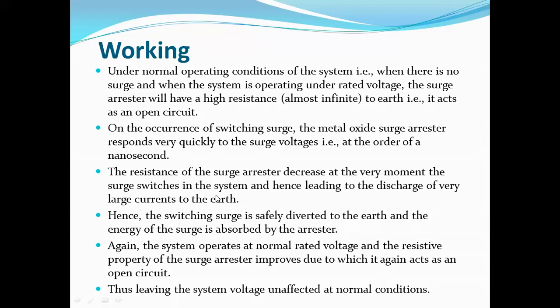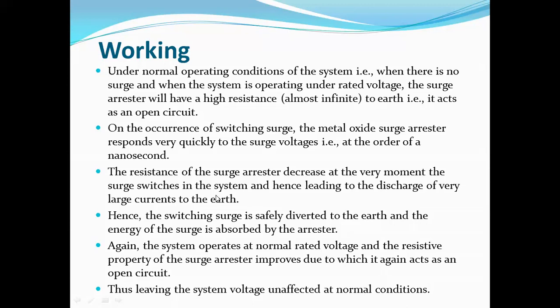After that your circuit will be under the normal operating conditions, right? When normal operating condition is there, normal voltage will be there, and your system is regaining up to the rated voltage or rated value.